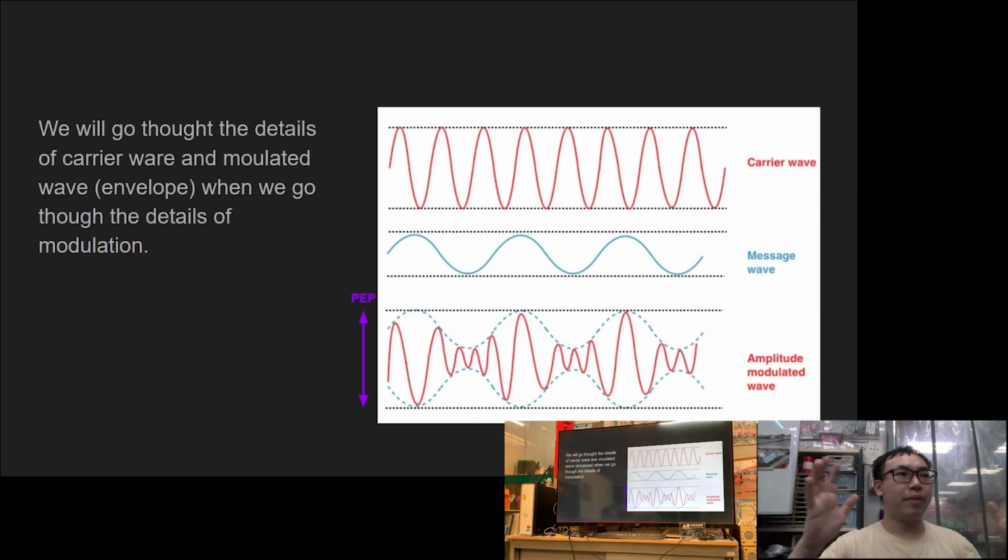The higher frequency can transfer the wave to a much farther distance, like 50 km far, for 5 watts to 10 watts.